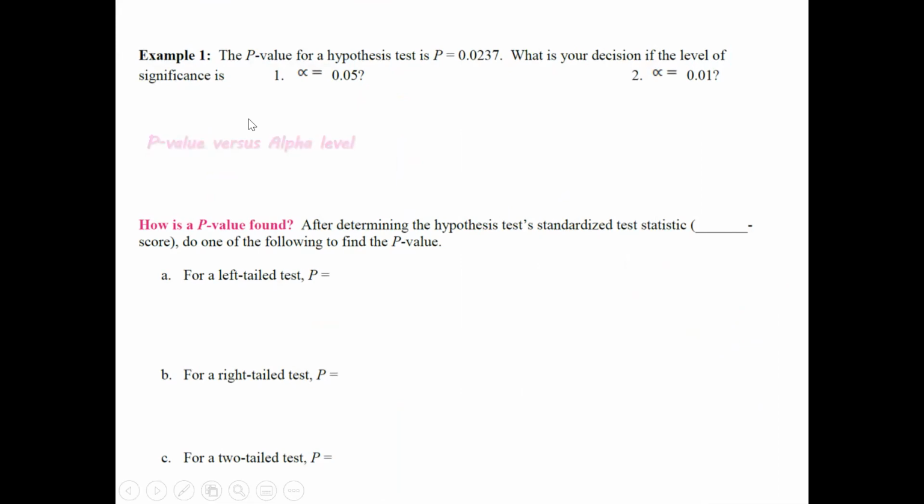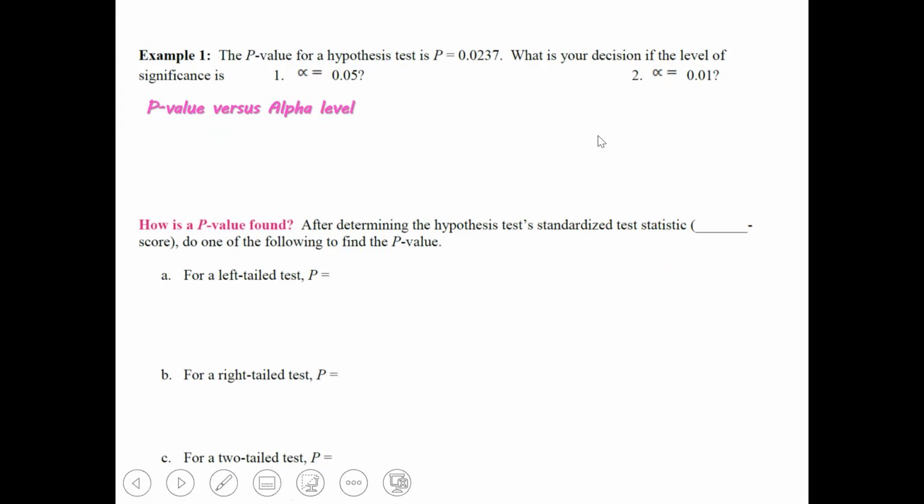Let's just keep going. Example 1, it says the p-value for the hypothesis test is equal to 0.0237. What is your decision if the level of significance alpha is 0.05? So p-value versus alpha level. This will be pretty simple. Your p-value is 0.0237 and your alpha is 0.05.